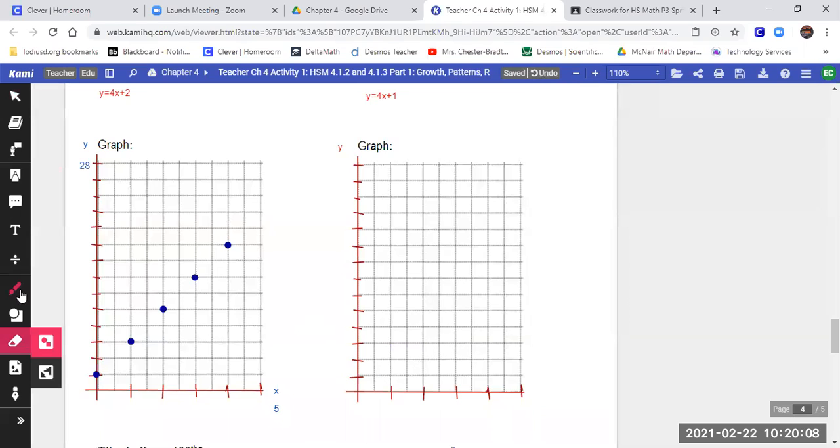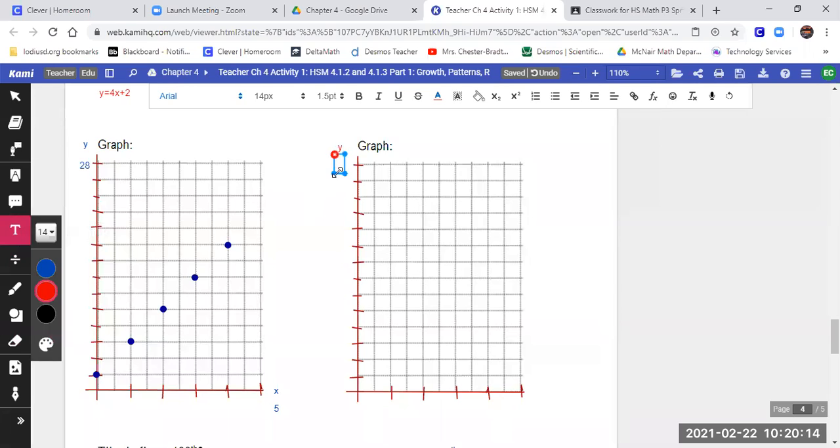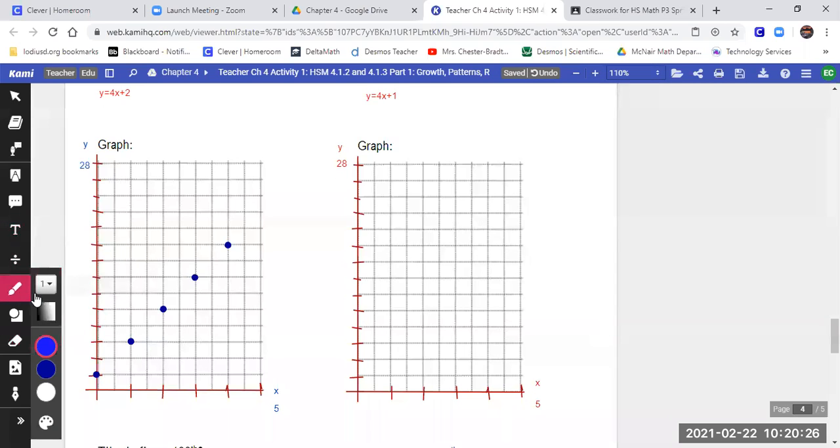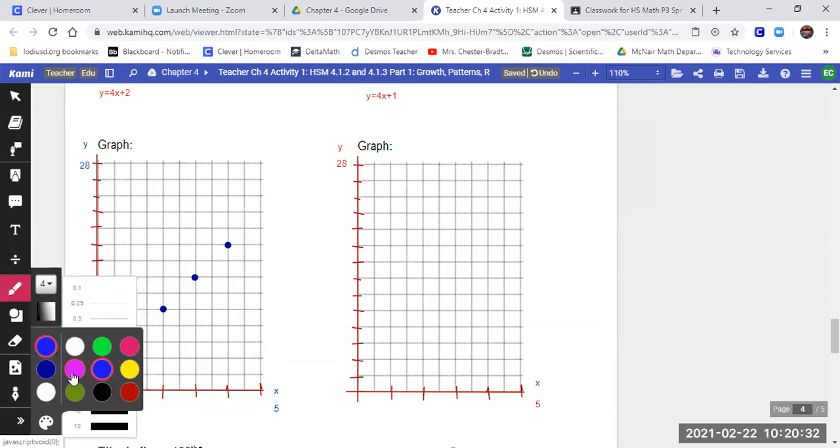I erased too far. Okay, so we need to put in our 28 up here because mine deleted. If yours deleted, we've got to put it back. And then we got to put in our X and our 5 here. So I had to get mine. And now we're going to go put our dots. Okay. Remember, our dots are at like level 4 or level 6. I like 6.